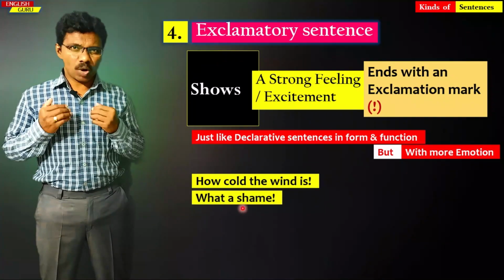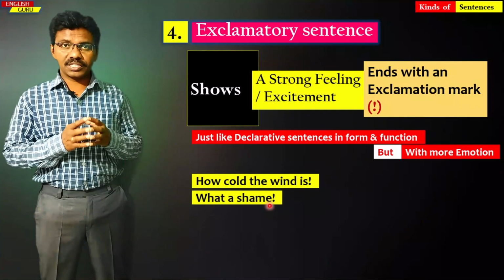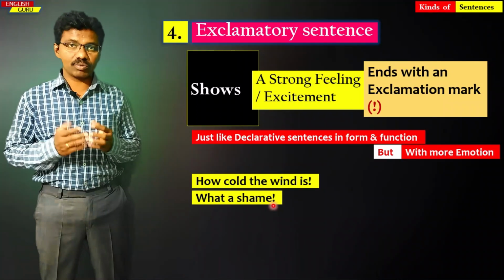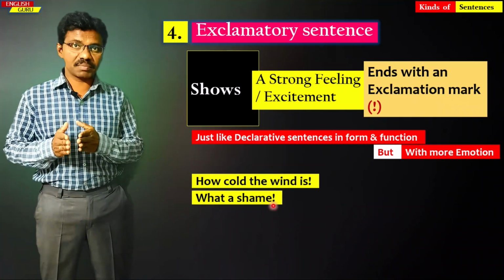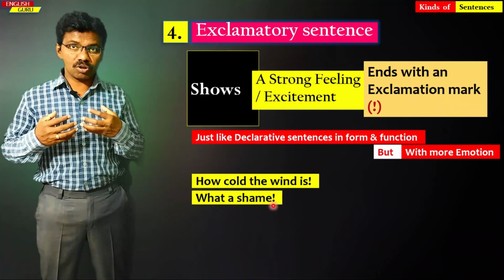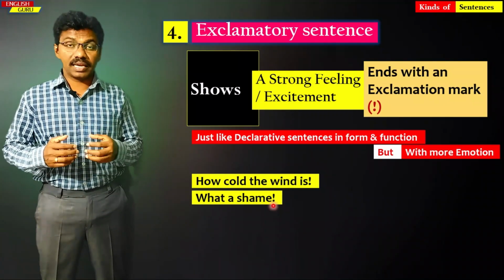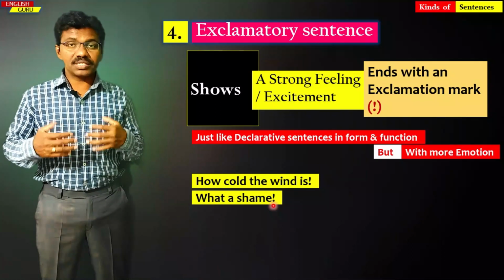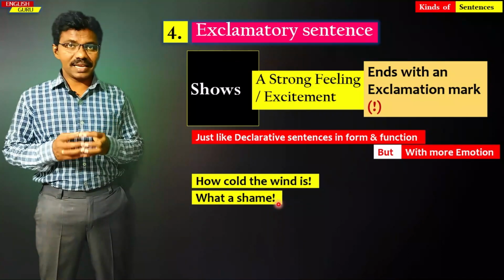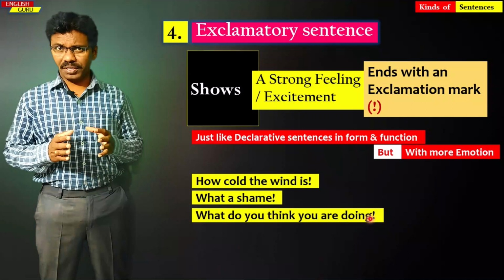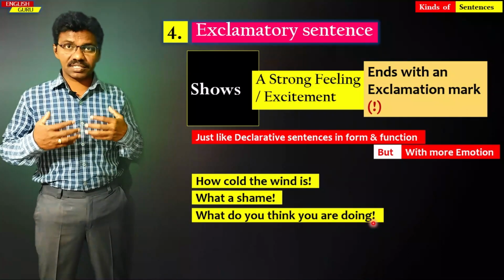In the next sentence, what a shame. Though it starts with a WH word, it is not a question because it ends with an exclamation mark. You are saying it with a strong feeling or excitement about somebody or something, like what a shame. So it's an exclamatory sentence. In the next sentence, what do you think you are doing? So it is also having some kind of excitement.